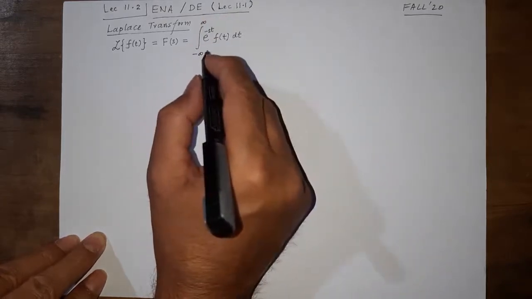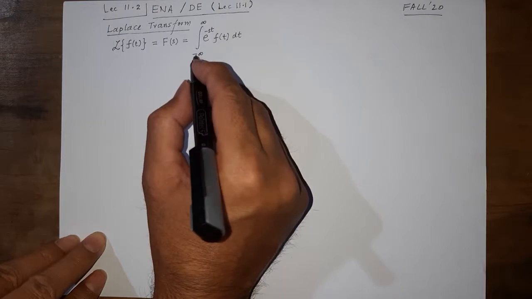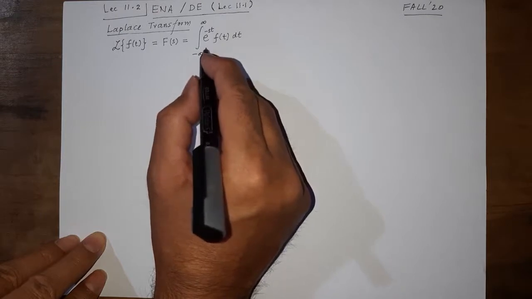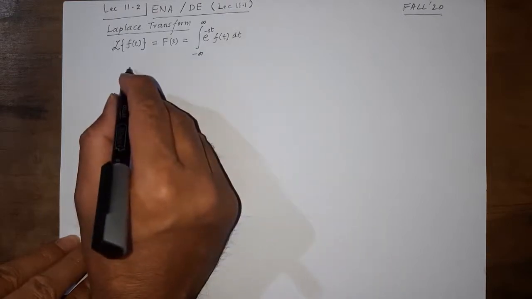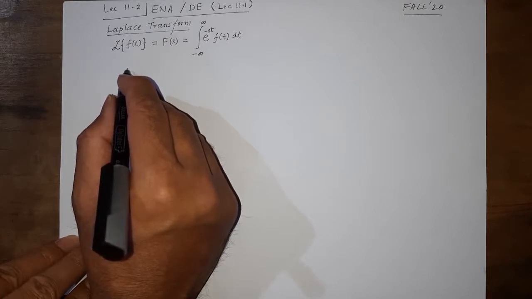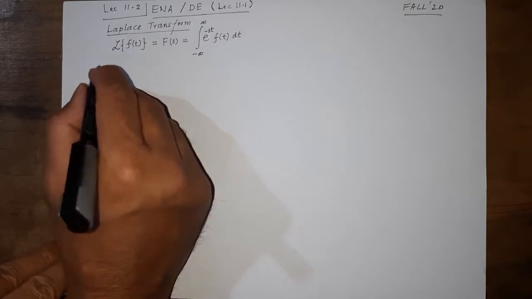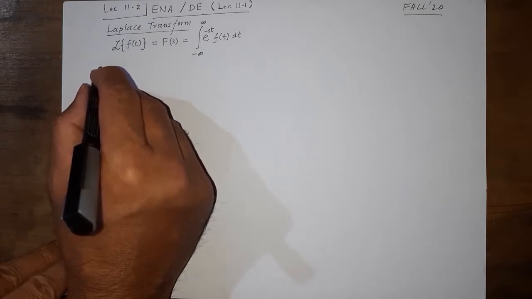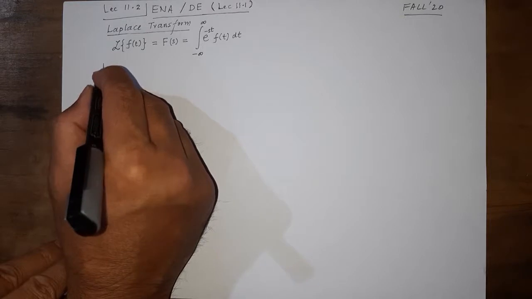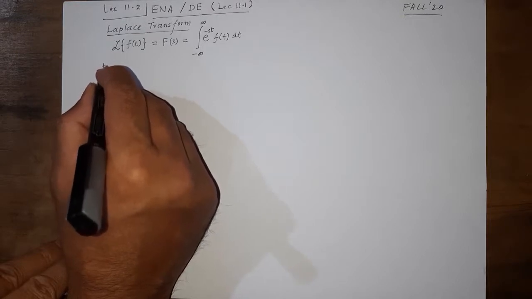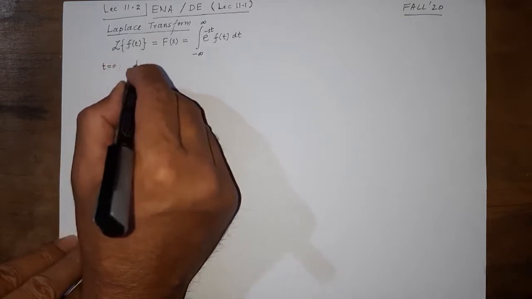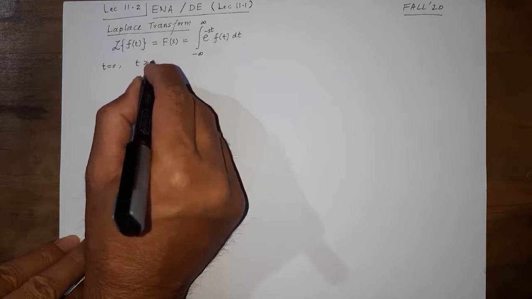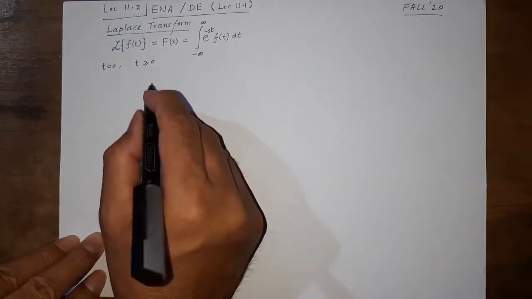This by definition is a two-sided Laplace transform, but in circuit analysis or most physical systems, when we get interested in a system, we say that time t is equal to 0, and so we want to find responses for t greater than or equal to 0.